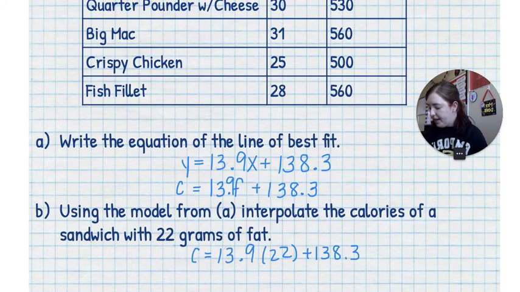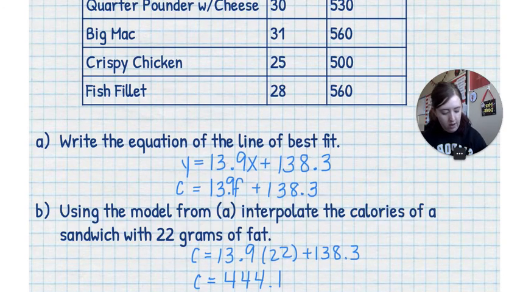Let's pop that into our calculator. 13.9 times 22 plus 138.3. A sandwich with 22 grams of fat, we can expect it has 444.1 calories.